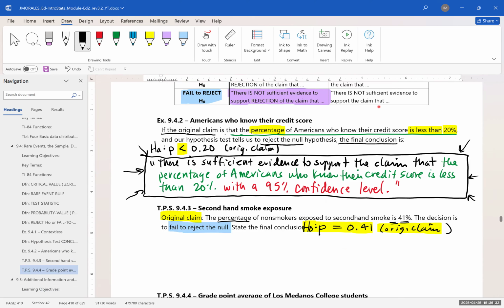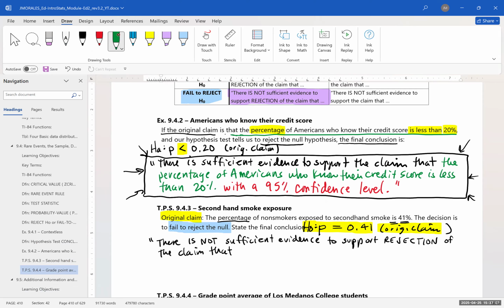Okay. So our conclusion is going to start with there is not sufficient evidence to support rejection of the claim that, okay, now we go ahead and put in our claim.